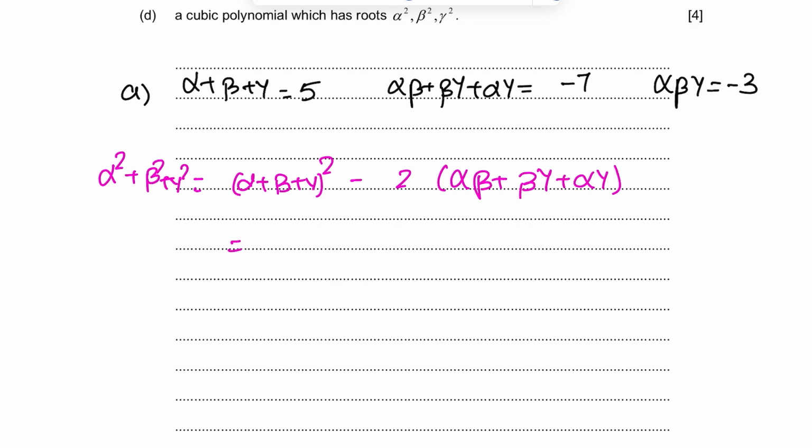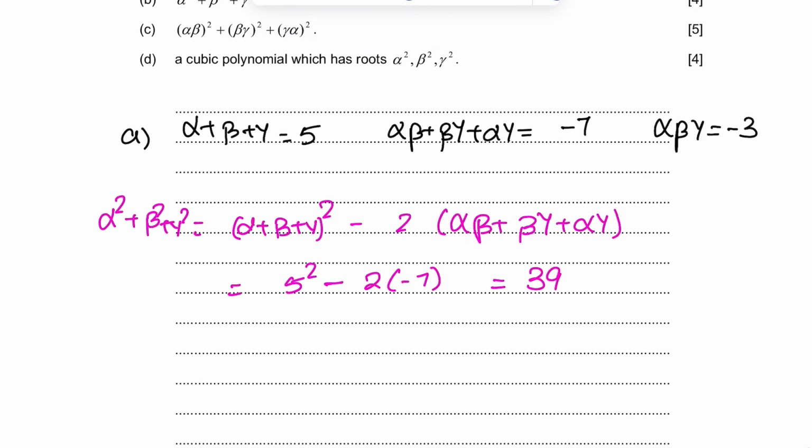Simplify that, you should be able to get it out. 5 square minus 2 times of -7, which is 39.